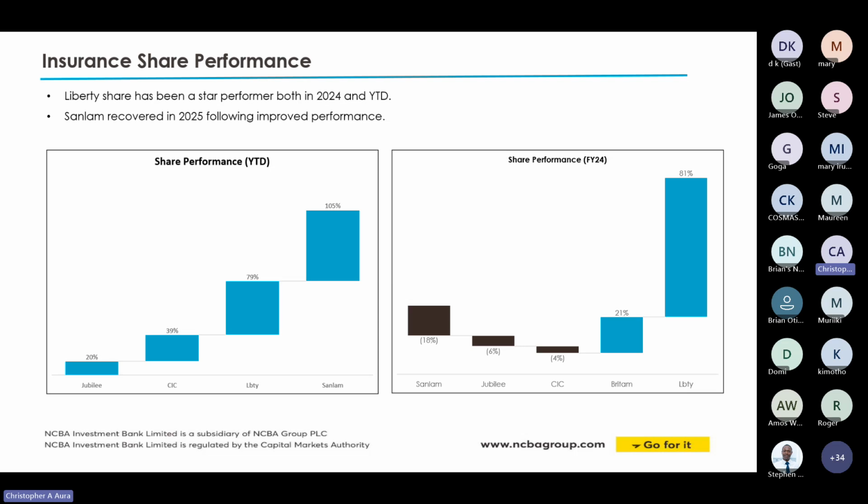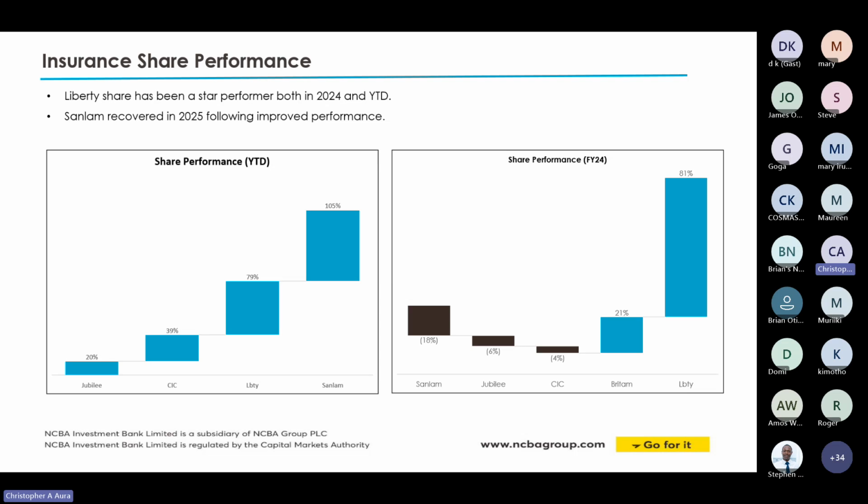But Sanlam, Jubilee, and CIC recorded losses in 2024. This is mainly because of below-par performance, especially from Sanlam. Sanlam has been making losses for the last 5 years. They only had a turnaround in 2024.